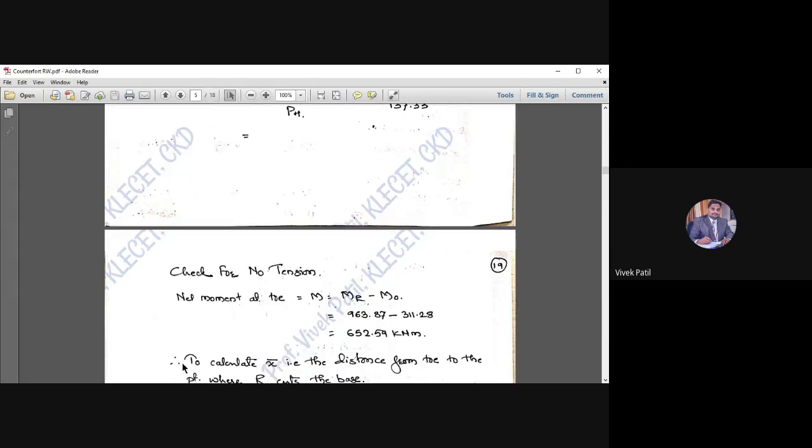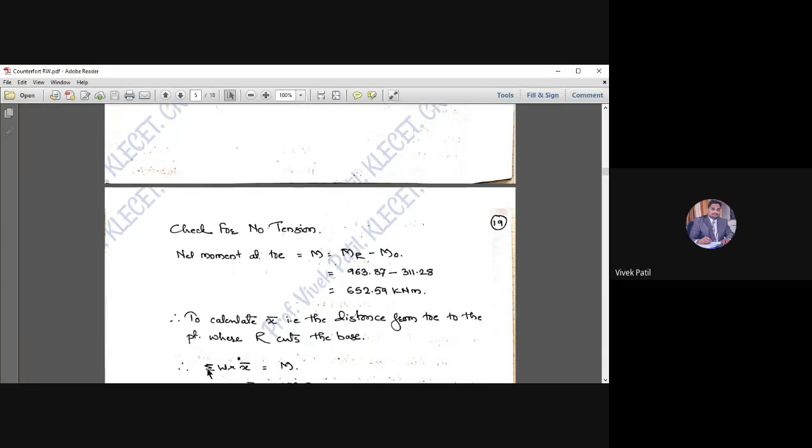Now let us calculate the x bar distance, that is the distance from the toe to the point where the resultant cuts the base. x bar is given as summation of W into x bar equal to M, the net movement. What is the value of summation of W? I think it is 413.71.